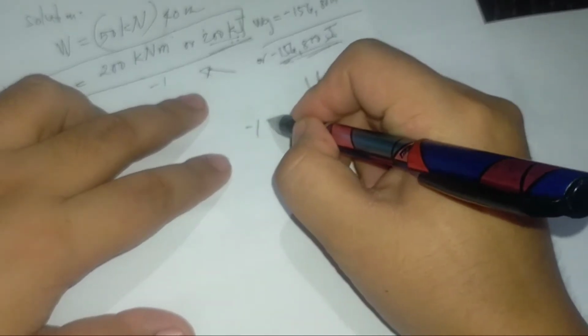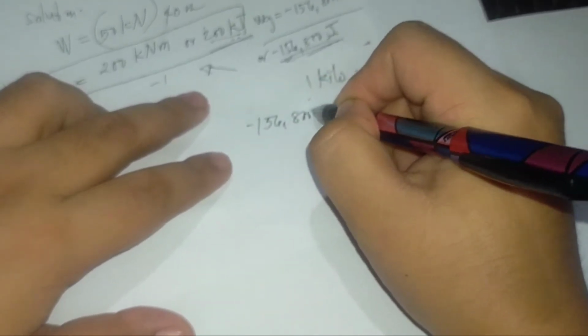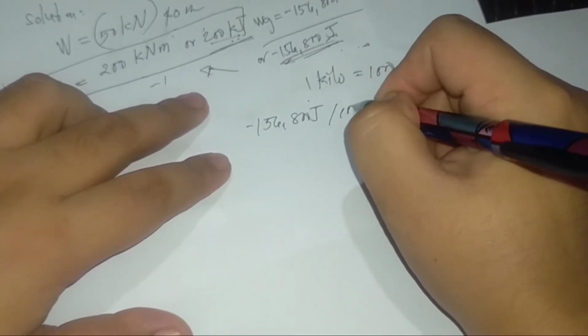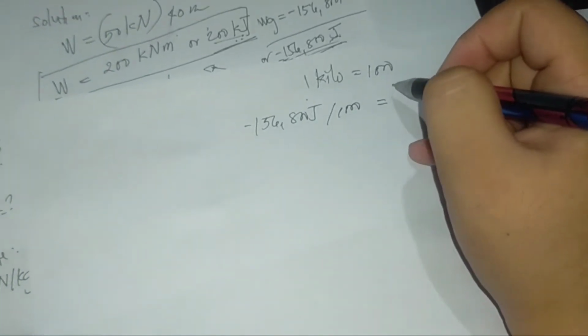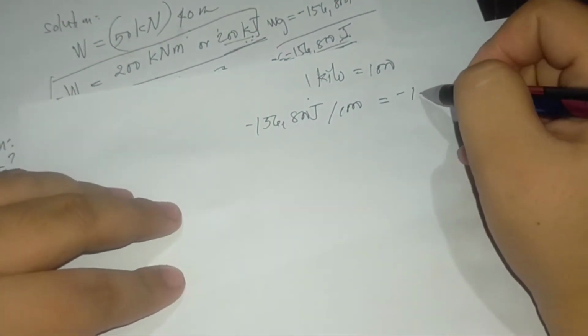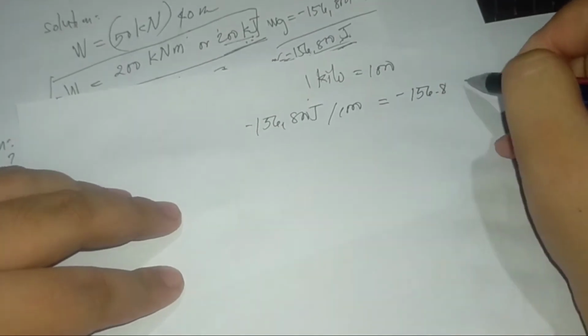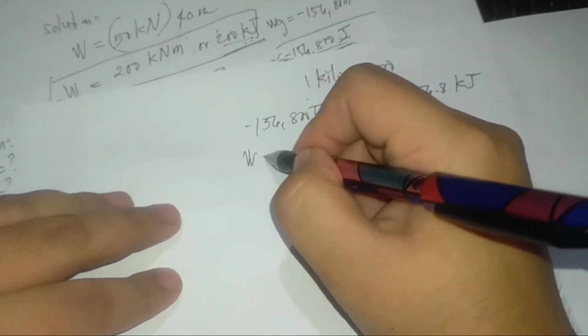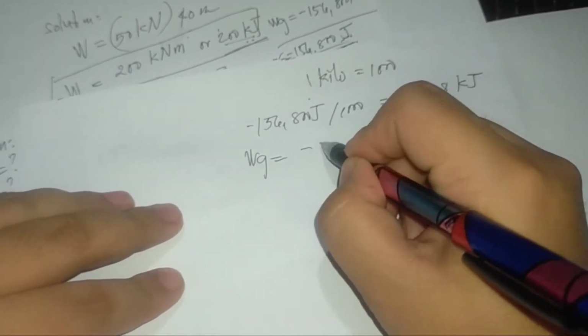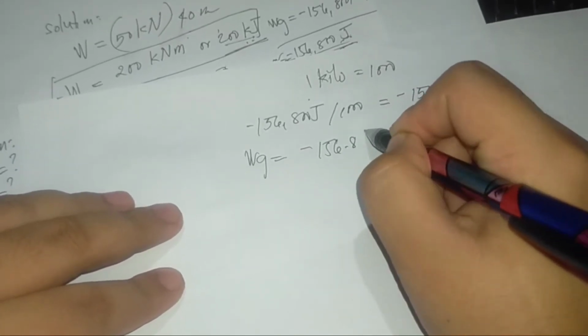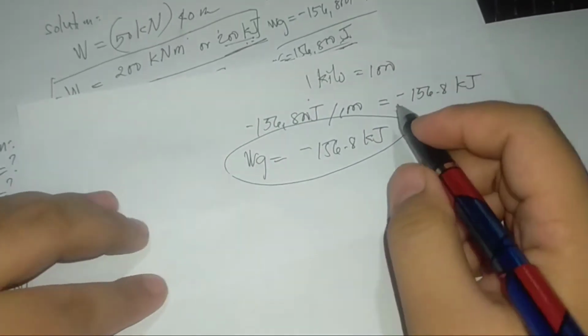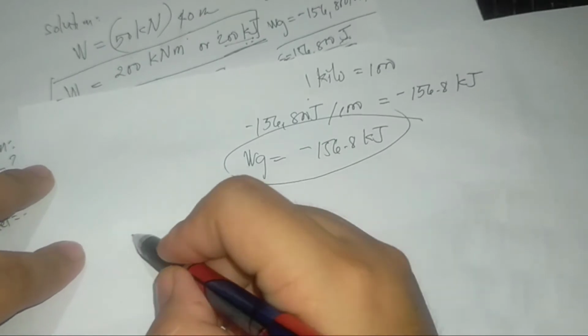So, negative 156,800 joules divided by 1,000 is equivalent to negative 156.8 kilojoules. So, our Wg will be negative 156.8 kilojoules.